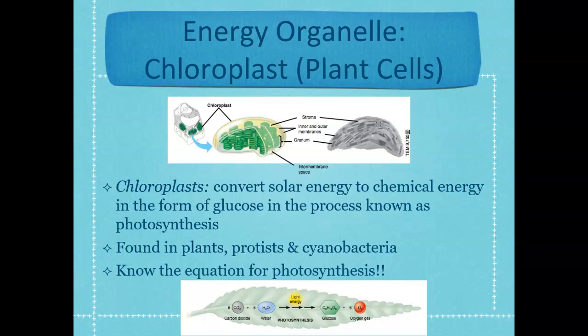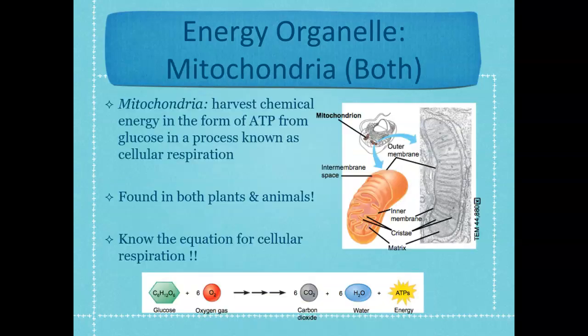We find these in plants, but we also find them in other single-celled autotrophs as well, things like protists, bacteria, and so on and so forth. Your mitochondria also exist in plants, right? Big idea: both plants and animals contain mitochondria. If you are a heterotroph, this is all you have.